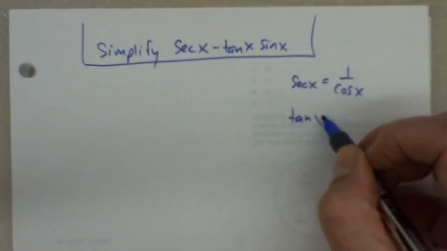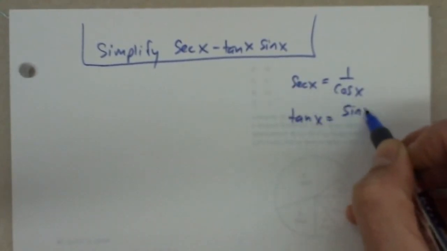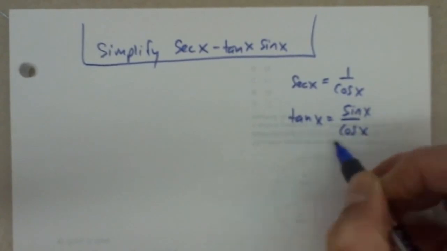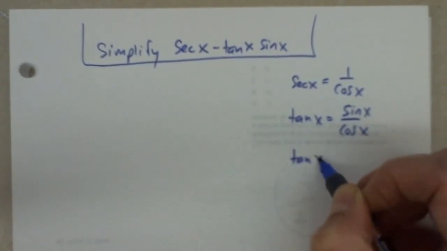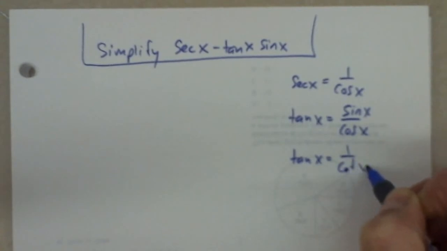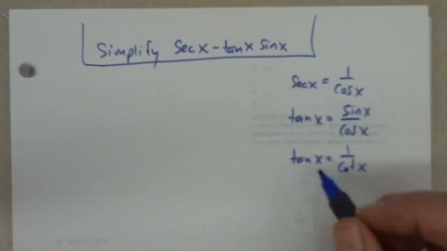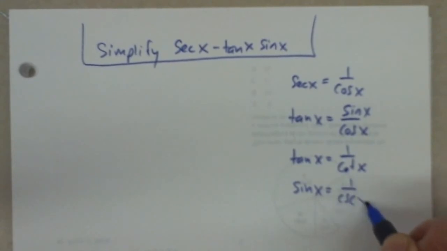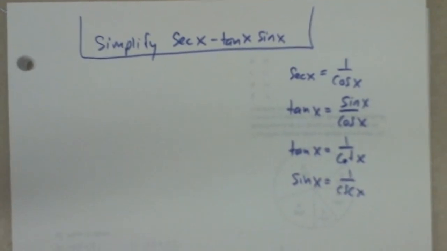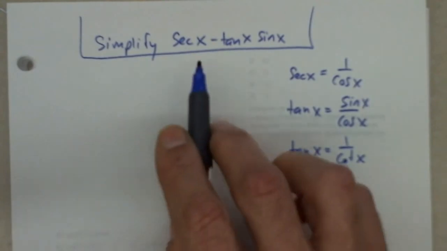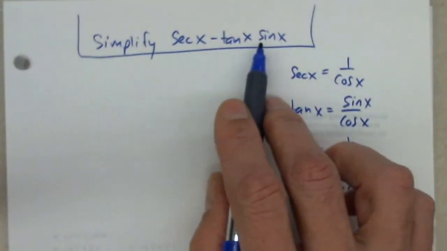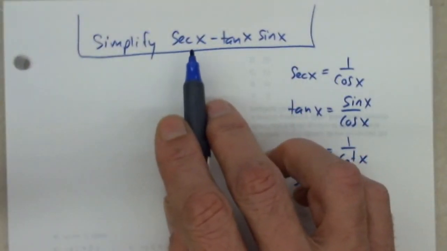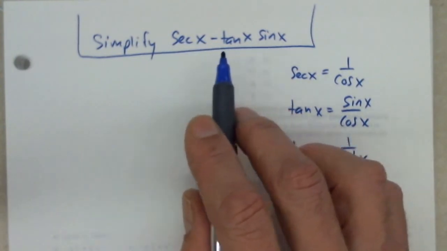Tangent, and sine, probably going to leave sine the way it is, but we could consider that one. And it looks like in the previous problem we just changed everything into sines and cosines, so why don't we try that in this problem?